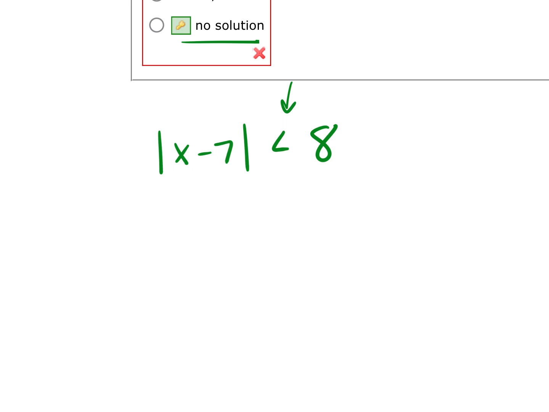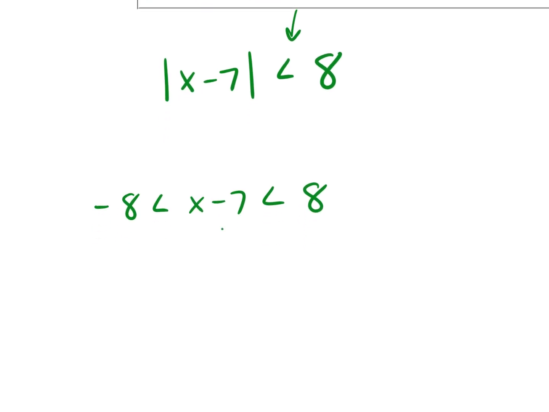So you could say that x minus 7 is in between negative 8 and positive 8. And then you'd solve, so we'd add 7 to both sides. So this would be negative 1. So x is in between negative 1 and 15.